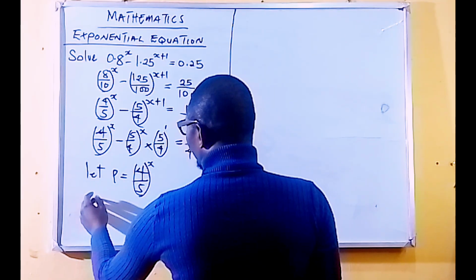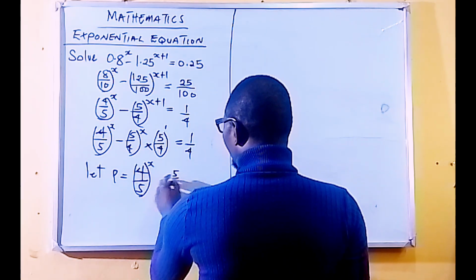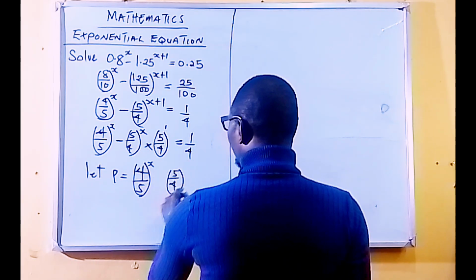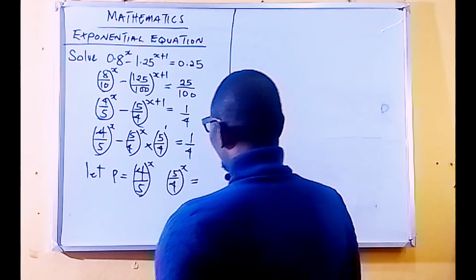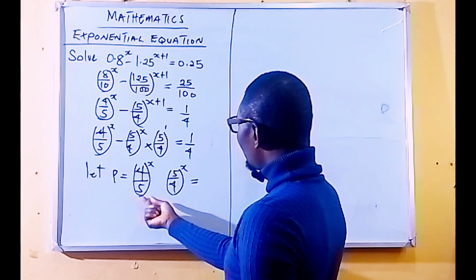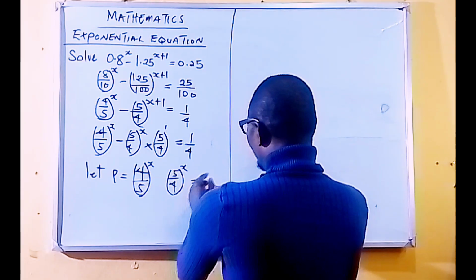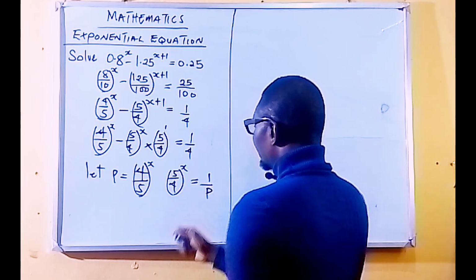Then 5 over 4 raised by x, which is the inverse of 4 over 5 raised by x, will now be 1 over p.